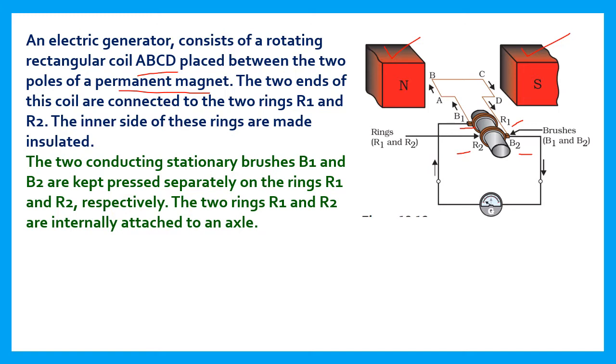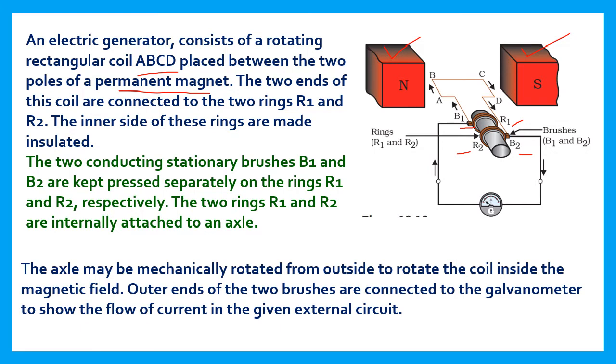These two rings R1 and R2 are internally attached to an axle, and the axle may be mechanically rotated from outside to rotate the coil inside the magnetic field. The outer ends of the two brushes are connected to the galvanometer, which will show the flow of current in the given electrical circuit, right?